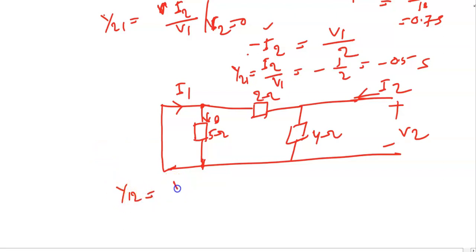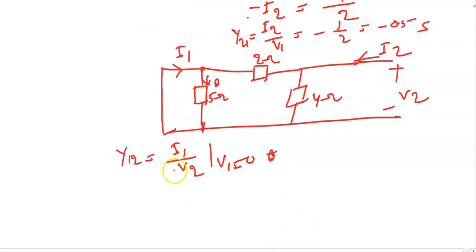Y12, by definition, is I1 upon V2 when V1 equal to 0. Already we have set V1 equal to 0. So just look at this circuit, how I1 is calculated. Similar case: I1 is this current, and the potential difference across the 2 ohm resistor is V2. The current will be flowing in this direction, but the actual convention is this direction.